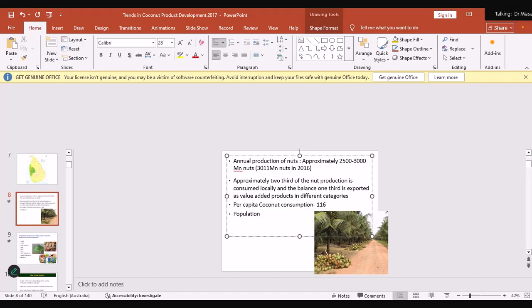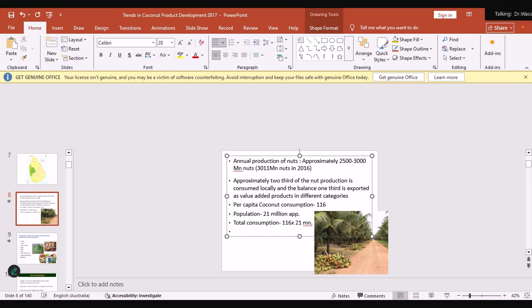Our population is about 21 million. Then total consumption, you can calculate.